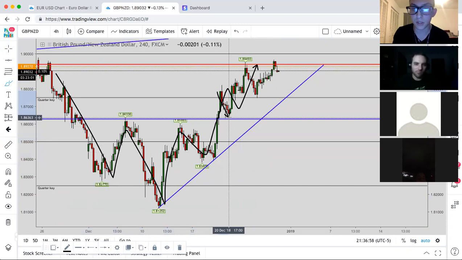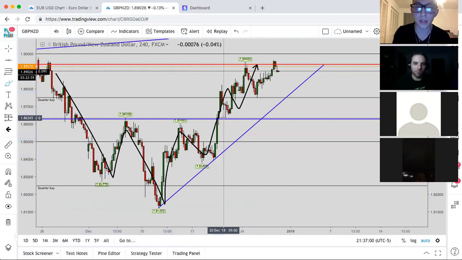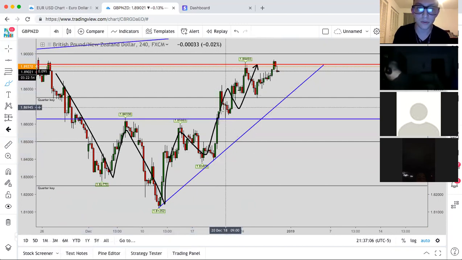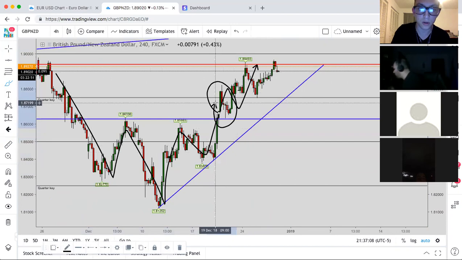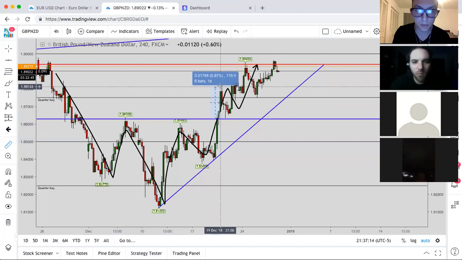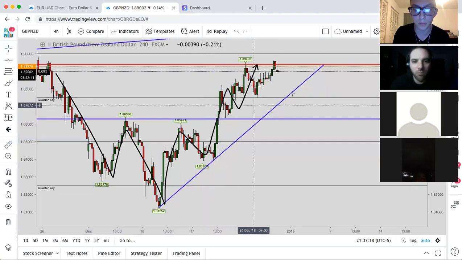But if you identified this was a pullback and you saw that next opportunity to enter again, then you were able to get all of our targets and not just our first two targets that were hit for over 300 pips. Right here, we could see that we entered right at this level once we broke above, and we're able to get 180 pips on that move to the upside before we had a pullback.